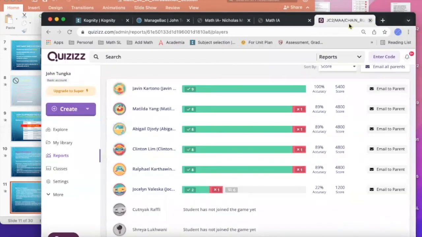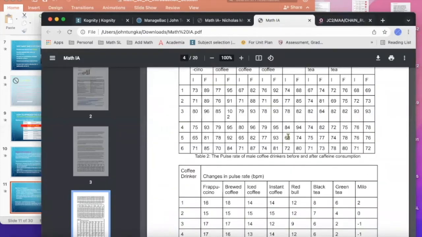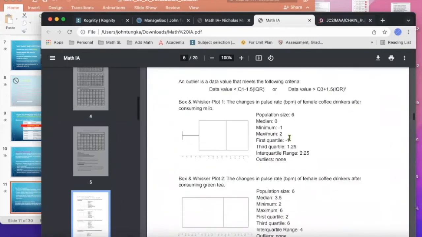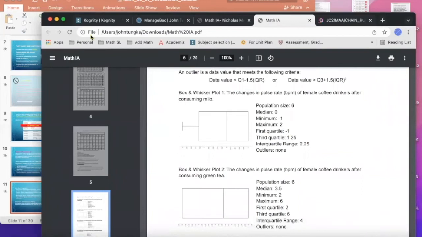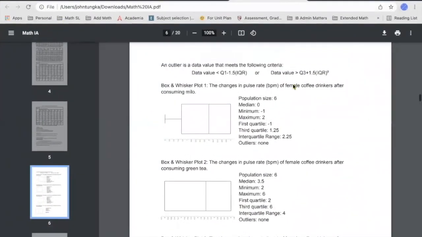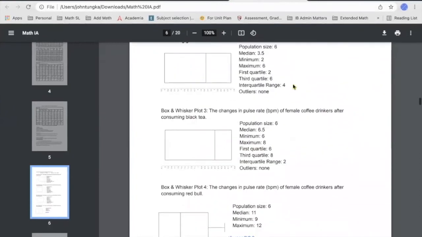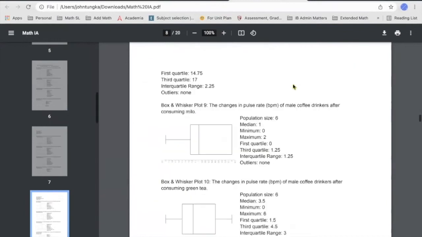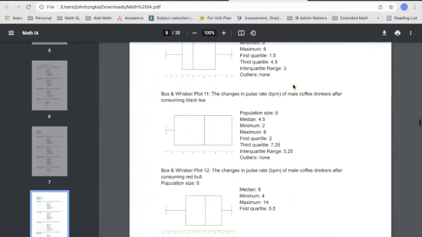Okay, I will close this. Then let's go back to your work here. If we cannot finish, we shall continue again next time, sometime this week. Is that okay? Yes. Right. That's a lot of box and whisker.